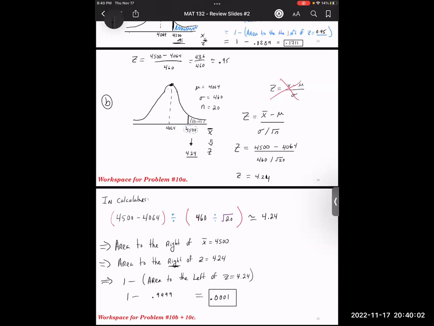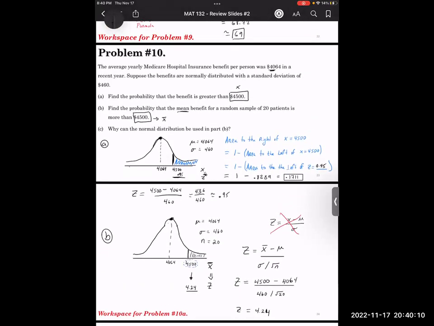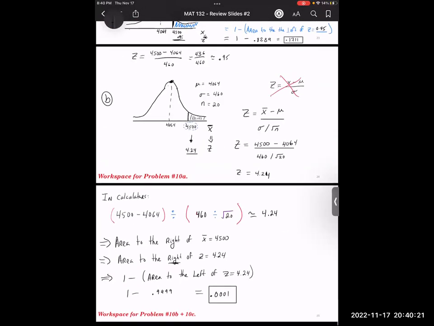So why can I use the ideas of the normal distribution? Well, it's obvious. Look at the data set. Problem 10, it says that the benefits were what? Normally distributed. So to answer part C, why can the normal distribution be used in part B?